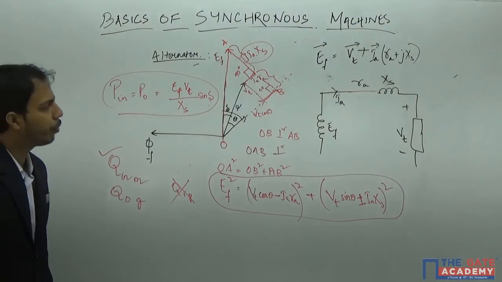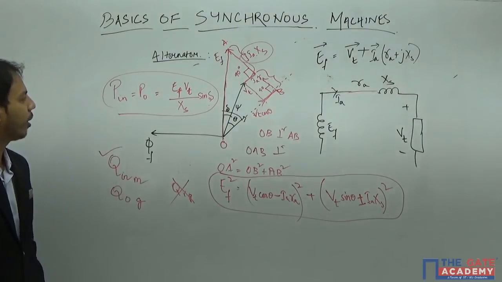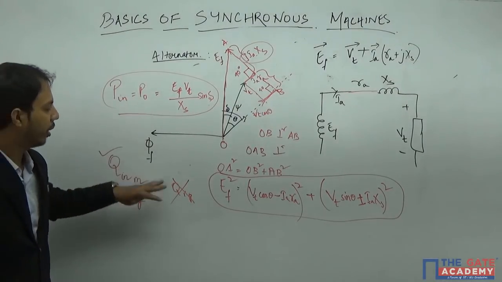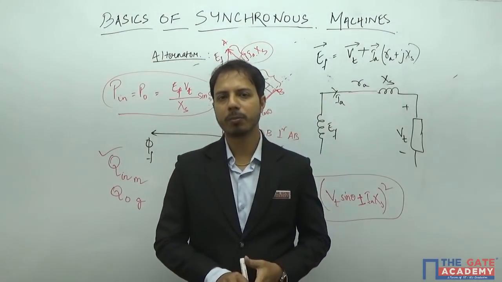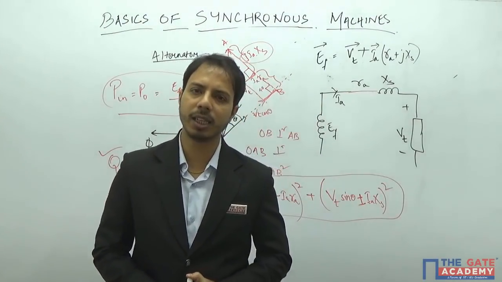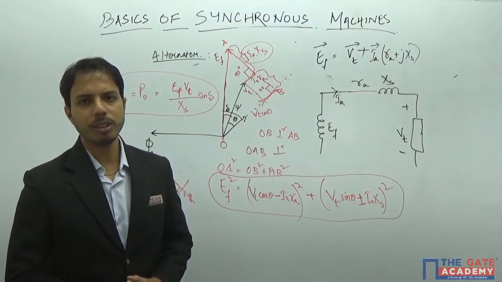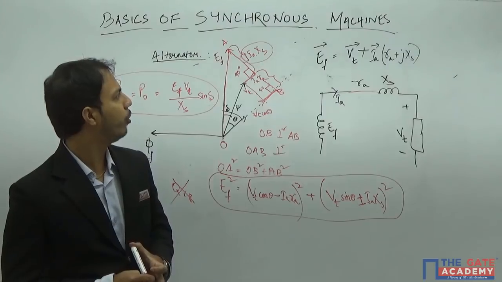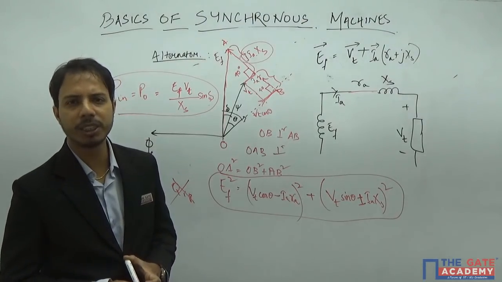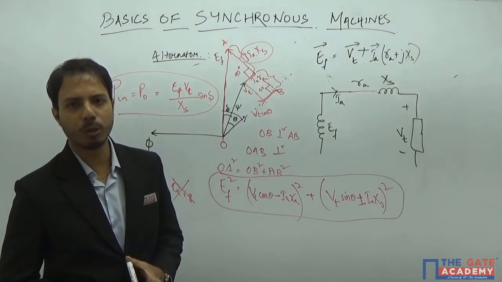So in this way, if you can find out and understand the power equation and reactive value, then going forward, you can understand the V curve and the inverted V curve. Once you get these things correctly, this is how we analyze a synchronous machine for cylindrical rotor.